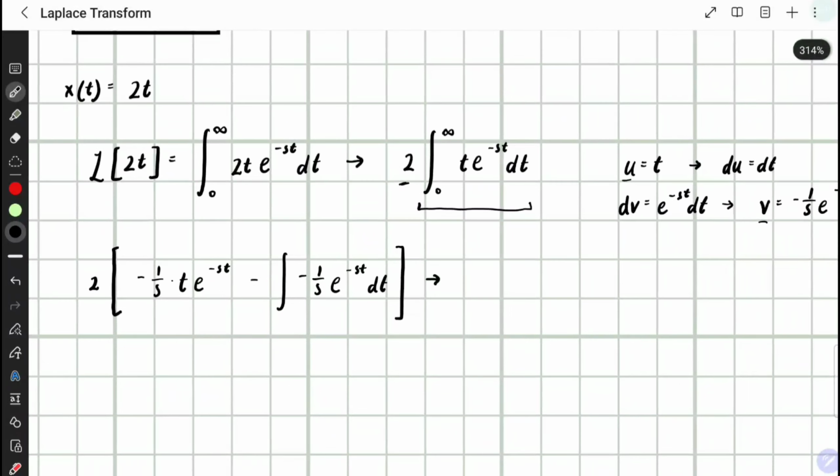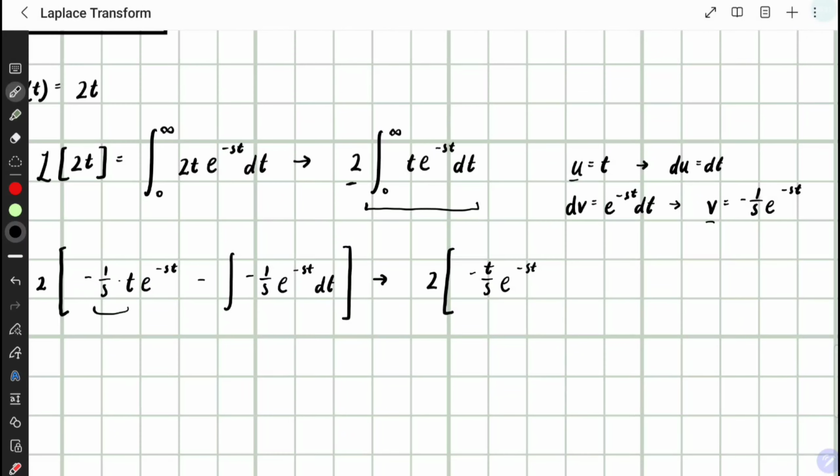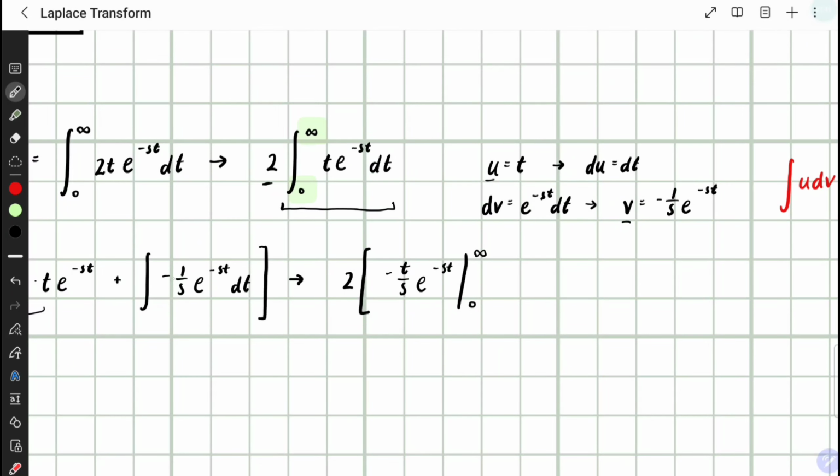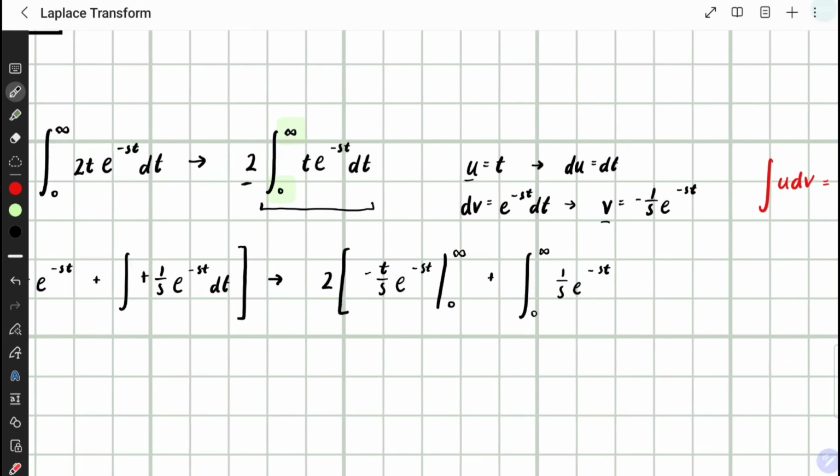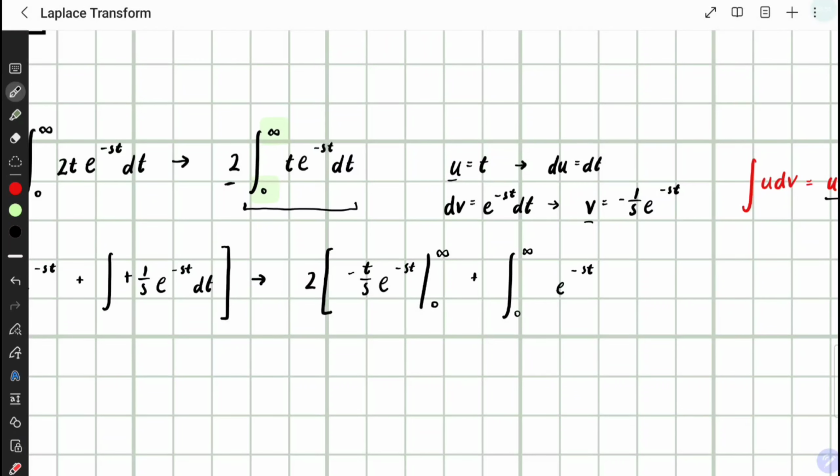So we could just simplify this. 2 is still there. Just combining these. And we've got to remember this is still evaluated from 0 to infinity. This becomes a plus integral from 0 to infinity of 1 over s e to the negative st. And I could just bring this out since it's a constant.